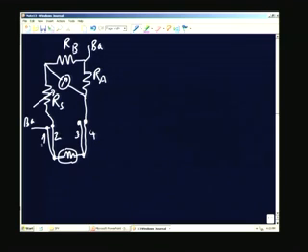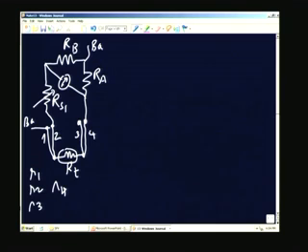So, let us assume that the resistances of the lead wires are R1, R2, R3 and R4. Let us call this RT, the resistance of the temperature detector, and we will call the resistance in the first case RS1.